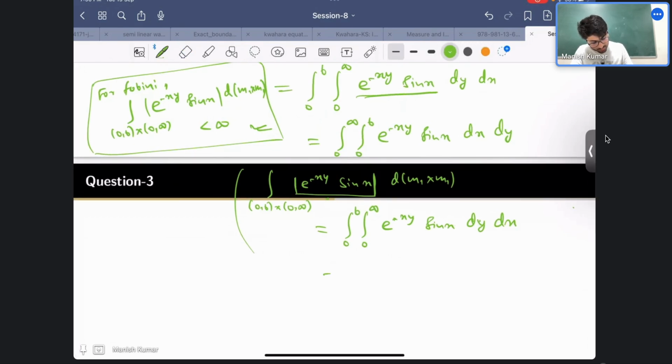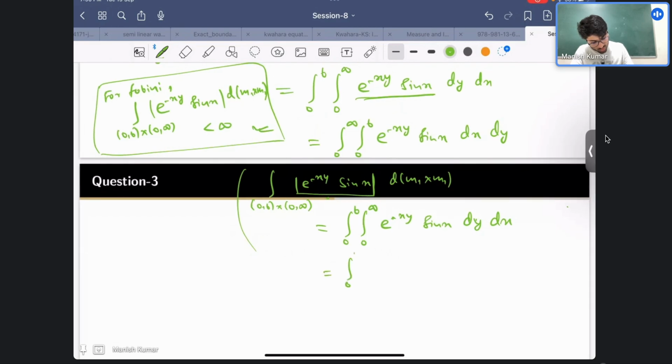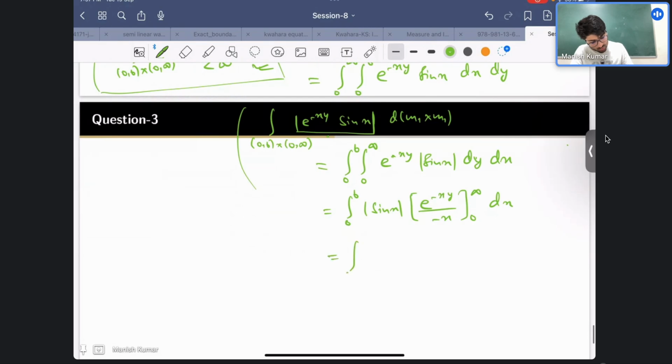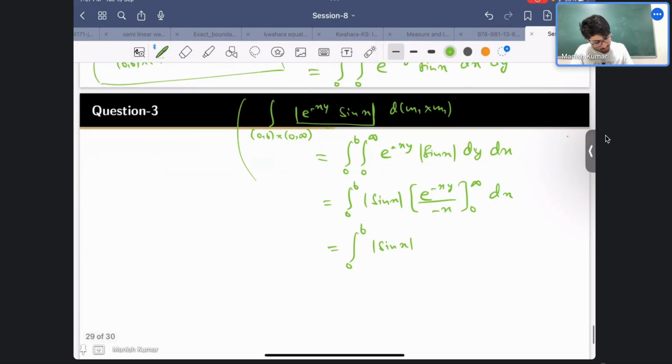This is nothing but, so 0 to b you just take out. Okay, and then you have mod here, so mod sin of x, and this integration you can write as e minus xy upon minus x. So when you integrate with respect to y, the limit would be 0 to infinity, and then this would be dx. Now you do 0 to b mod of sin x, and then here if you put infinity you will get 0, and then you will get 1 by x, right, dx.